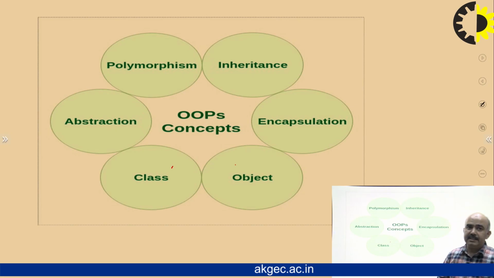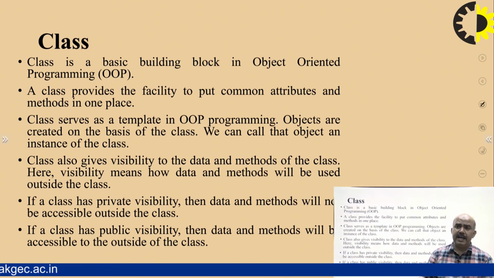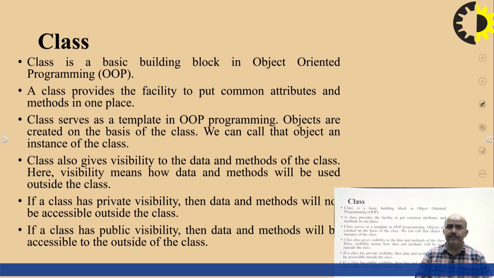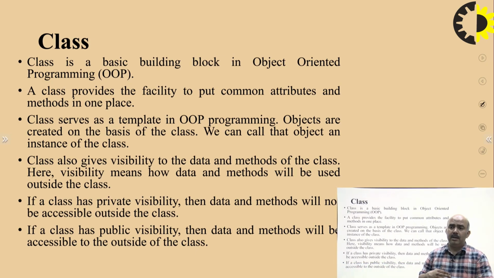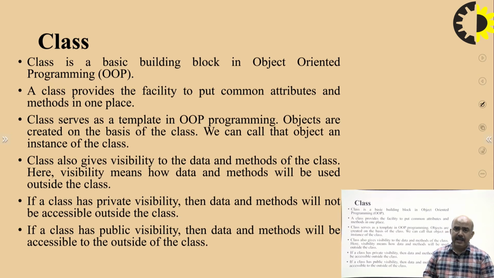As we know, the class is the basic building block of object-oriented programming, in which we have the attributes, the objects, and the methods, and on those objects we provide certain methods. So, we can say a class is basically a template for object-oriented programming, in which we can create classes, and those classes have certain instances.